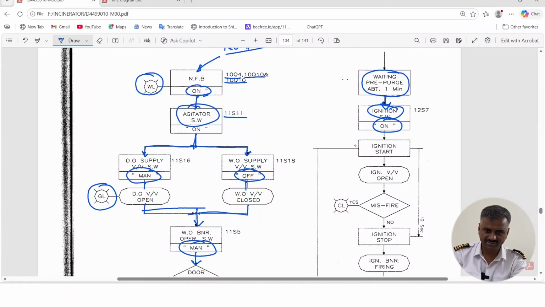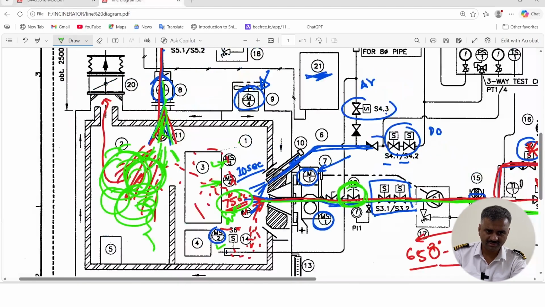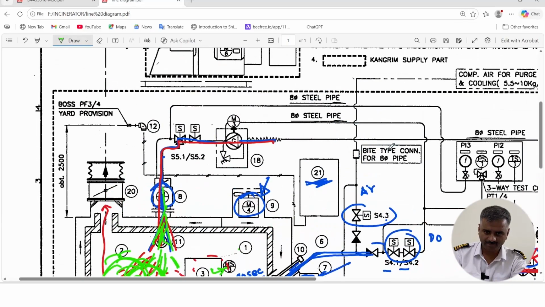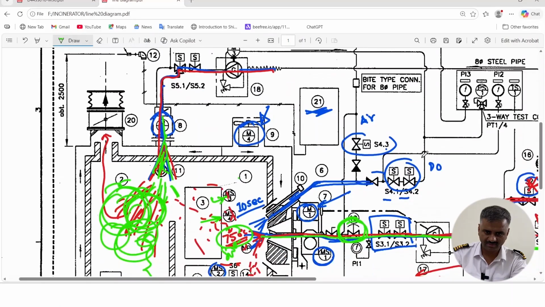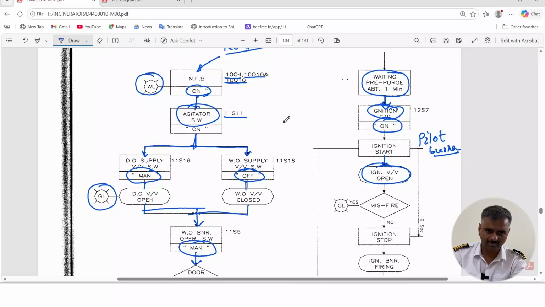There ignition will start, so the pilot burner will start in this position. So pilot ignition starts, ignition valve opens. Ignition valve open means these solenoid valves open, and 4.1, 4.2, 4.3 all will become on.